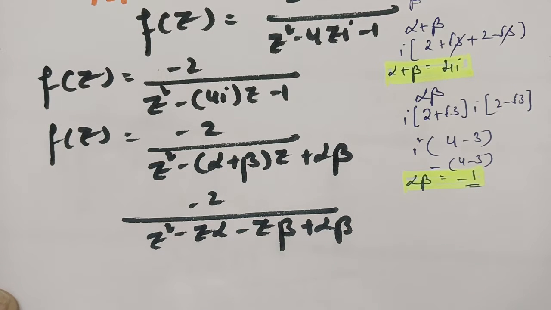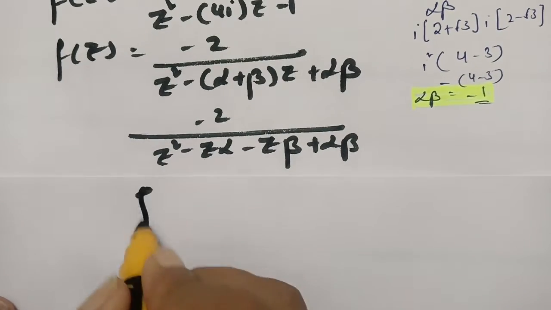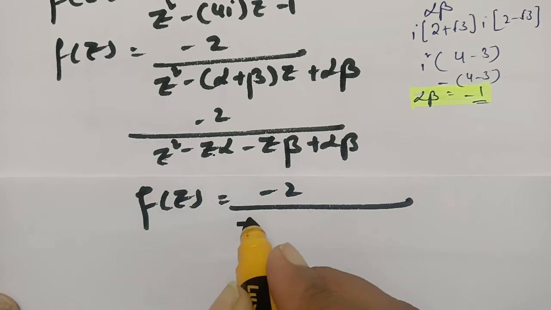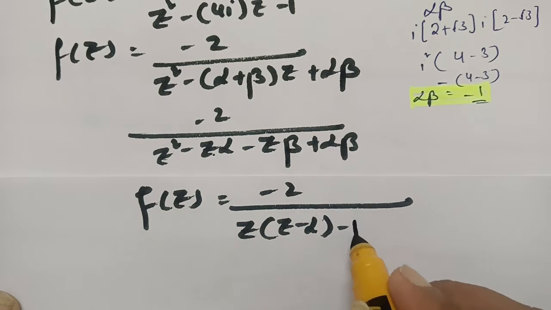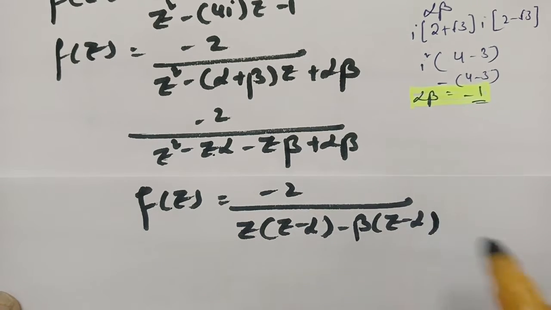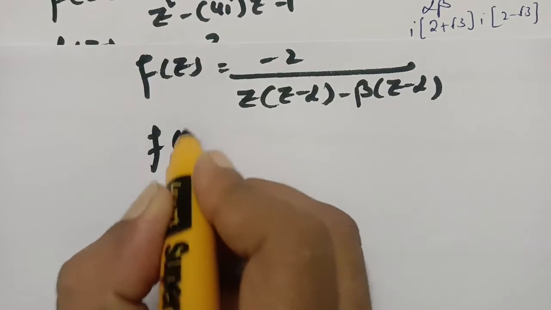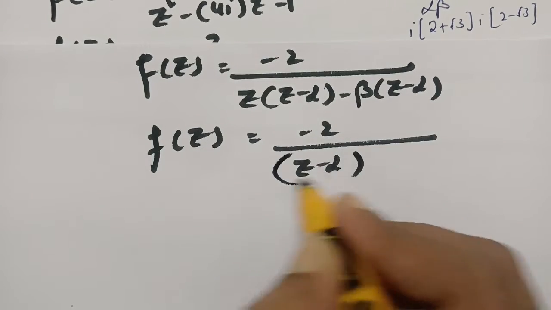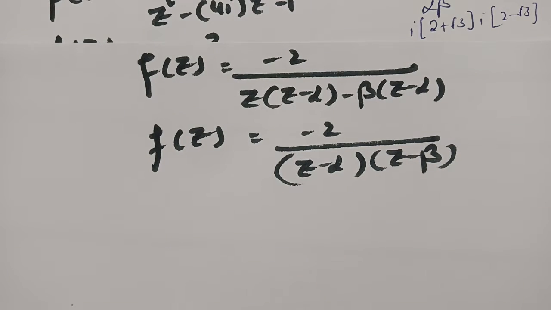If I take z common from these, and minus beta common, this will be z minus alpha again. So if I take z minus alpha common, f of z is equal to minus 2 by z minus alpha into z minus beta. So this is our f of z value.